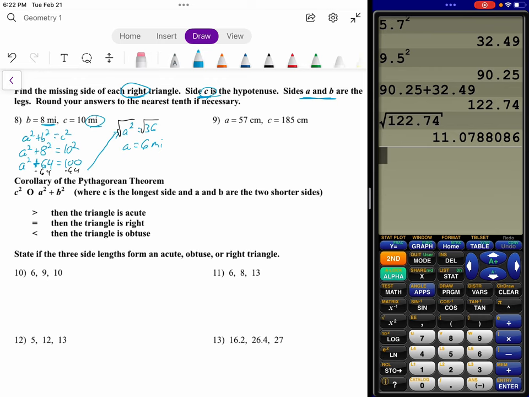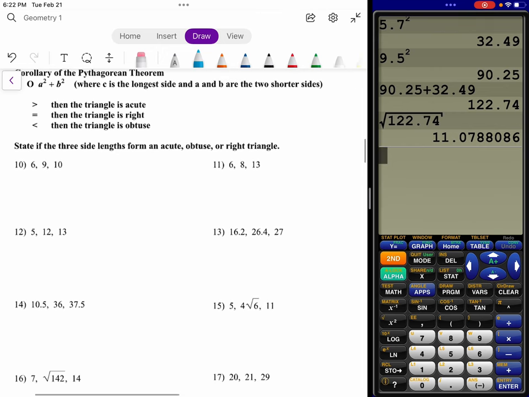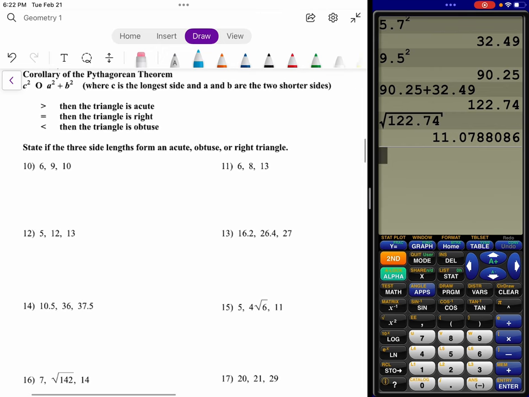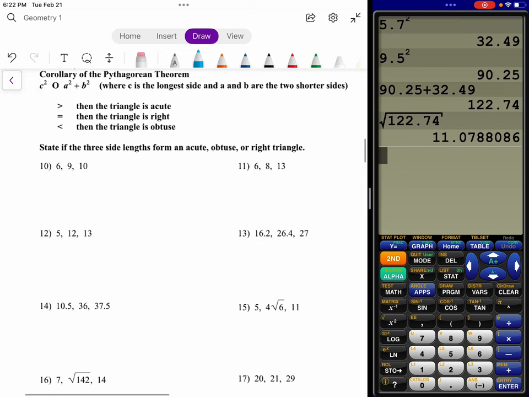Okay, the next part of this lesson, I'm just going to scroll up here. This is a corollary to the Pythagorean theorem. In fact, it's more of a corollary to the converse of the Pythagorean theorem, but here's what we're going to do. If we're given 3 lengths, we can determine, first of all, if it even forms a triangle. We learned that a while back.